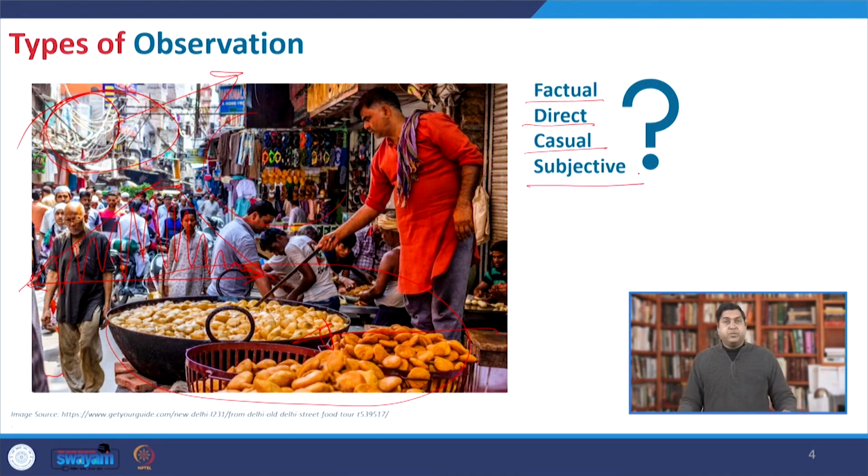It can be some sort of subjective observation. In such cases, I can also look at different age groups of people, or the varieties of commodities that are being sold in this particular area.